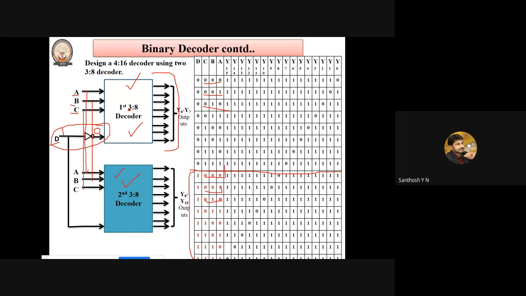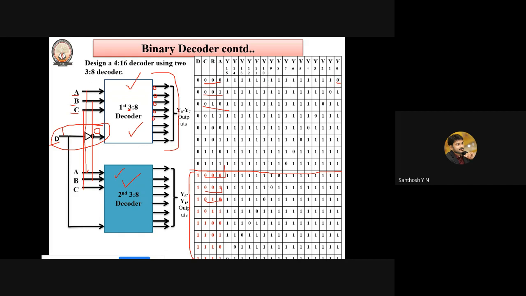So if my inputs are 0 0 0, y naught will be 0, and please remember, here also we are discussing active low outputs. Here I have not shown it, but if you observe the truth table, all the other outputs are 1 1 1.